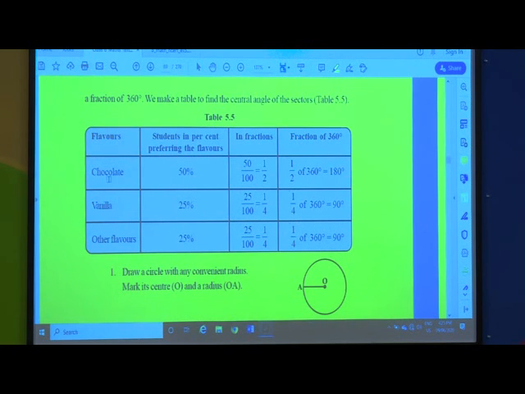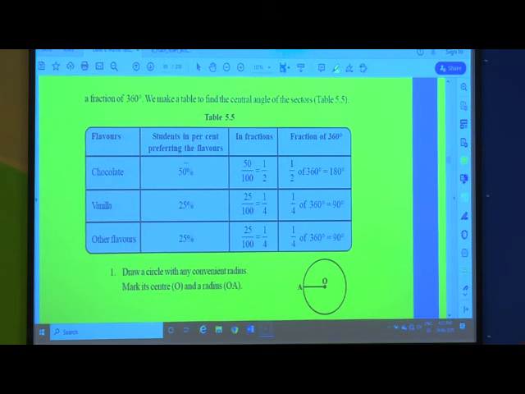First column, flavors which are given to us. Second column, students in percent preferring the flavors. This data is also given to us. Chocolate, 50% of the students like it, vanilla 25%, other flavors altogether 25% of the students like it.